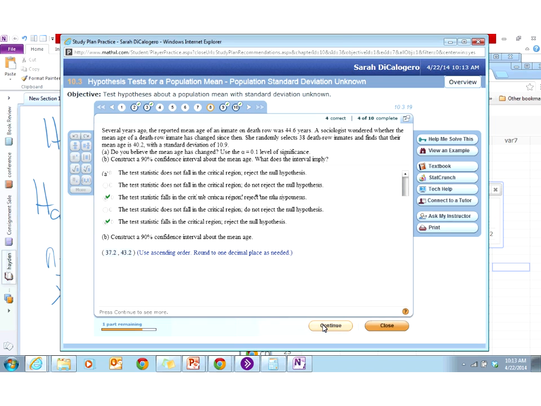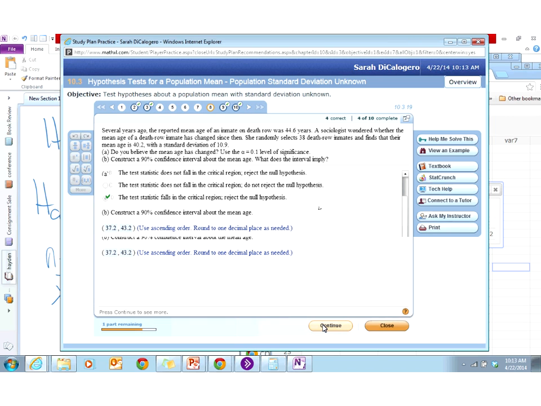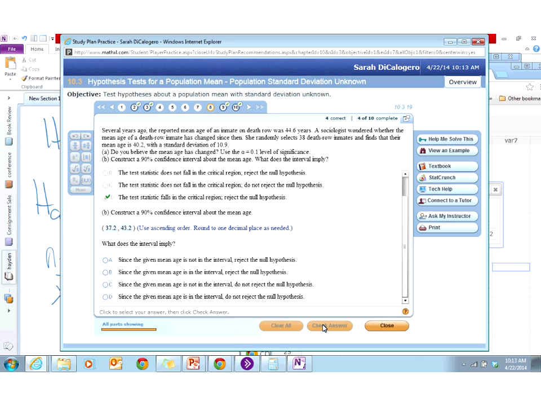All right, let's continue. What does the interval imply? Well, look, our given mean age is 44.6, which is not in our 90% confidence interval. So since the mean age is not in the interval, we would reject the null hypothesis.